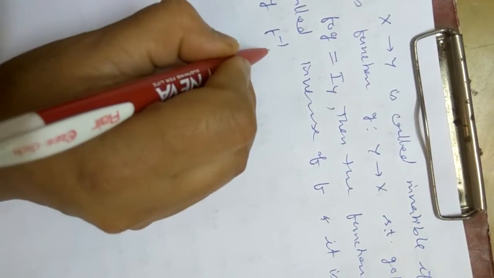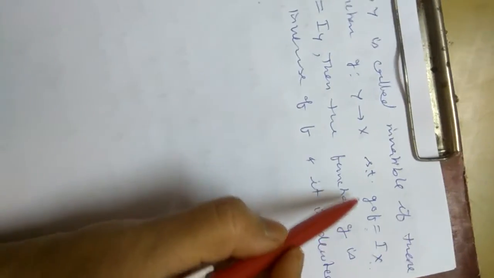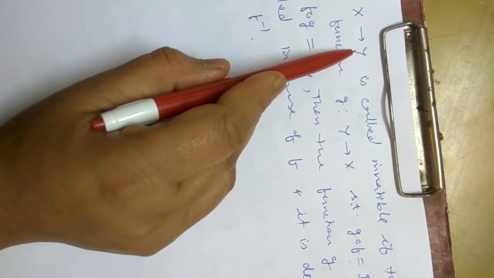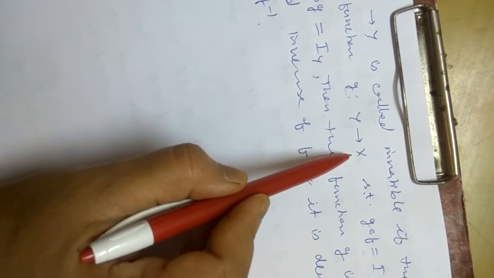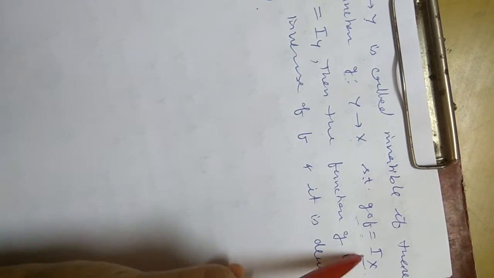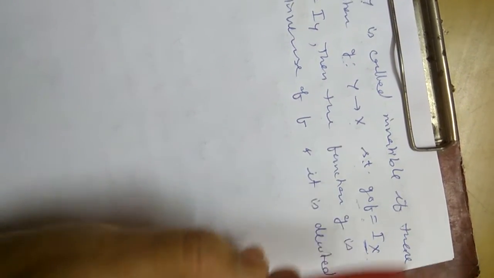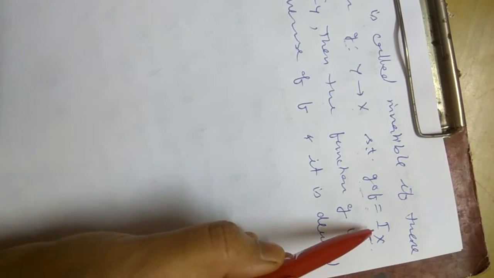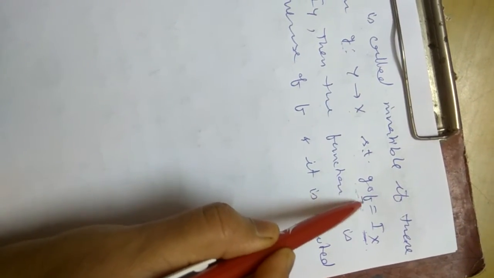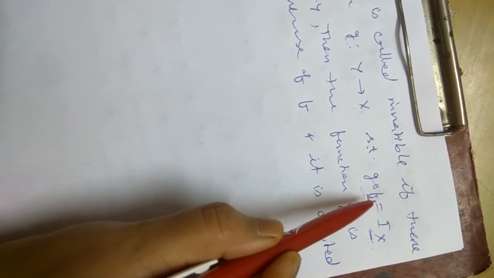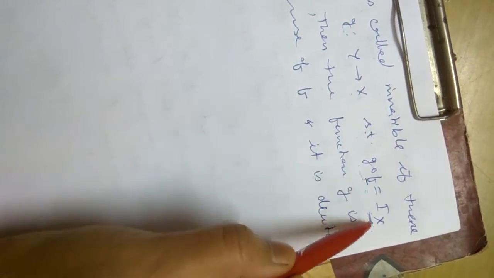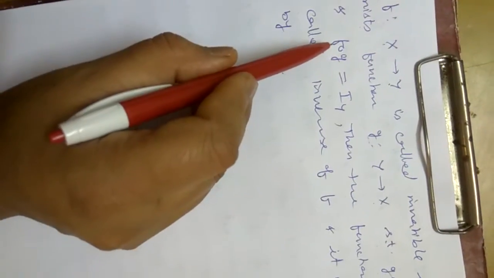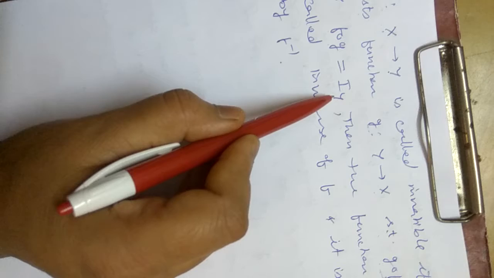f inverse. Here f from X to Y is invertible if there exists a function g from Y to X such that g of f is equal to IX, that means the identity function. Here the input is the domain of f, that is capital X, and the outcome is again X. And here f of g is equal to IY.